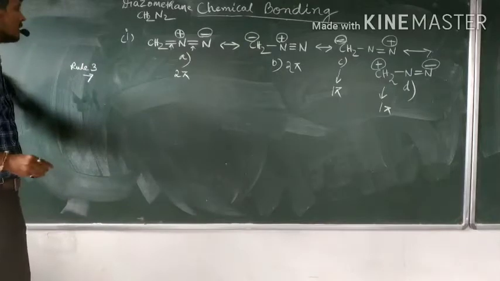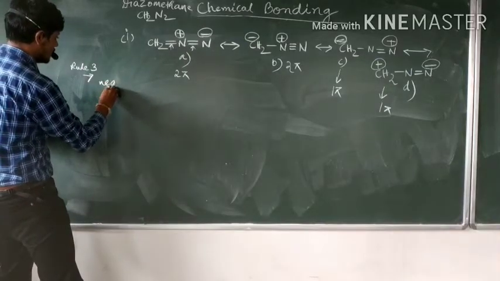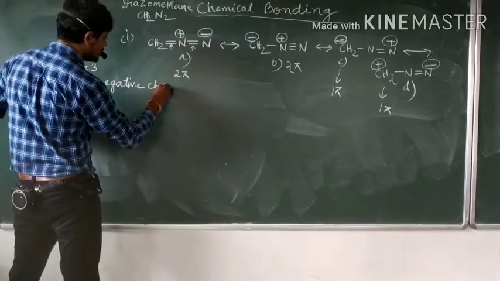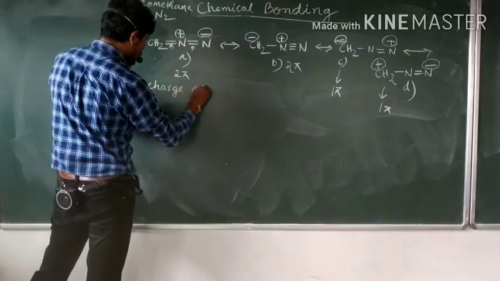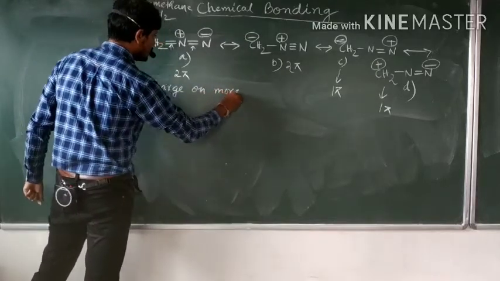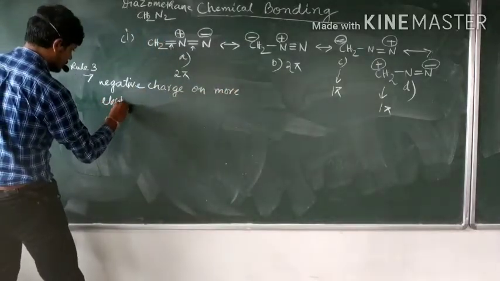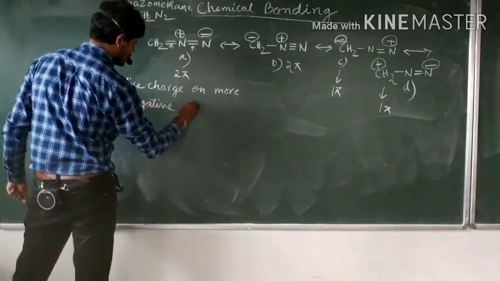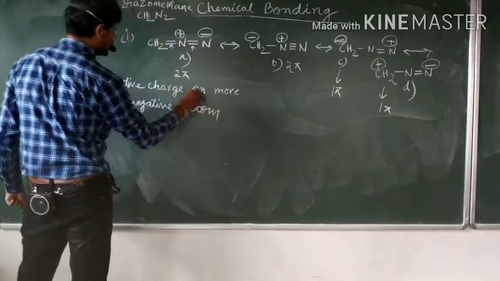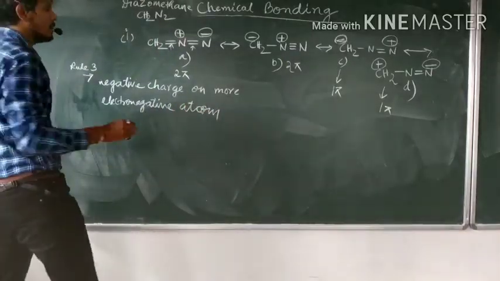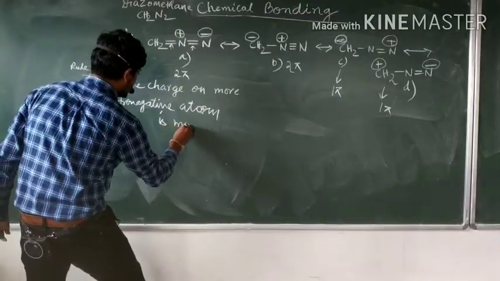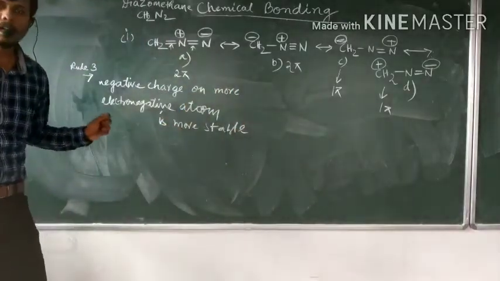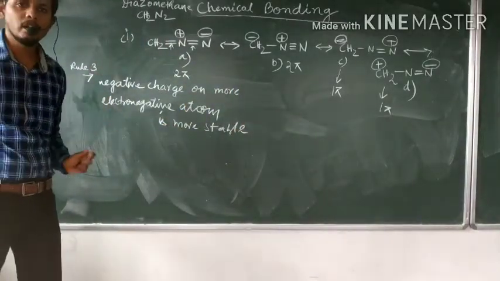In that case, I have to use the third rule. Rule 3 tells me that negative charge on a more electronegative atom is more stable.